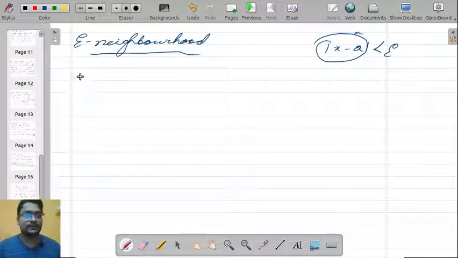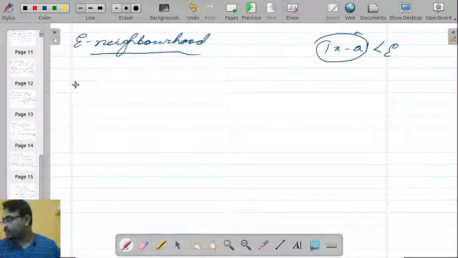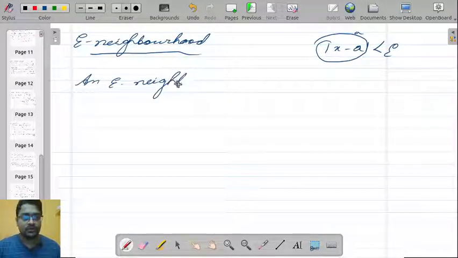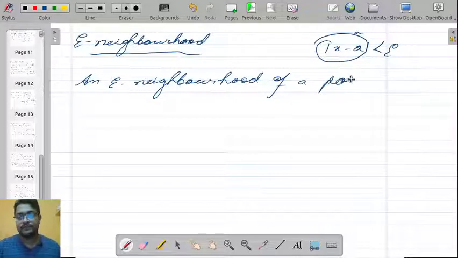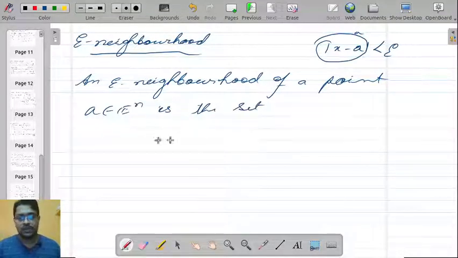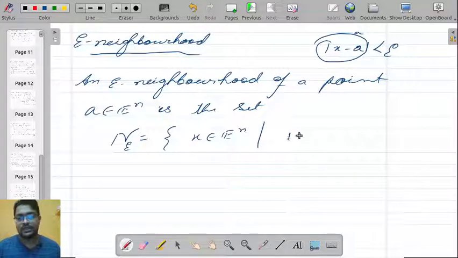An epsilon neighborhood of a point a in E to the power n is the set N epsilon equal to the set of all those x in E to the power n which satisfy mod of x minus a strictly less than epsilon.